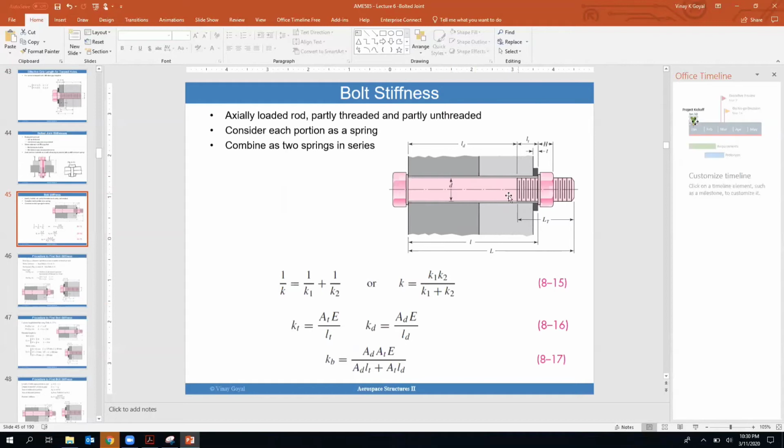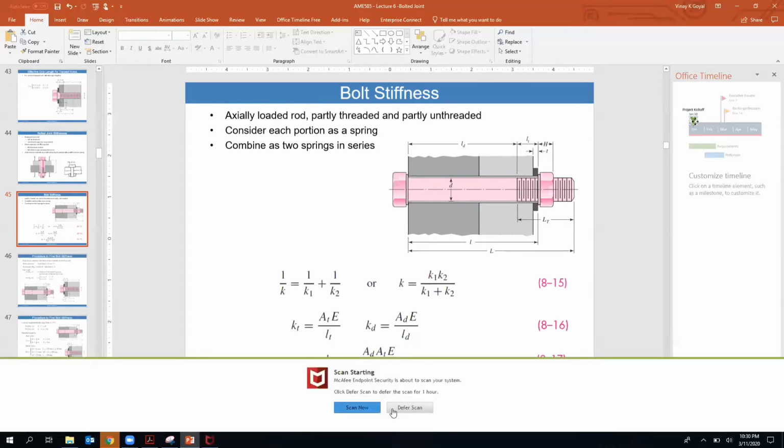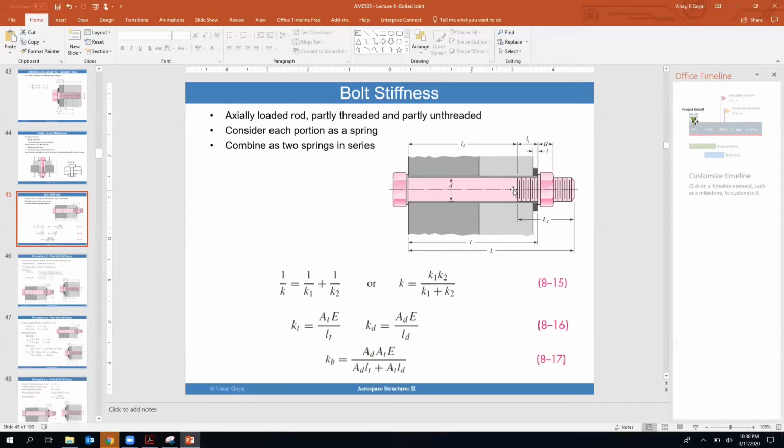If you do that, the effective spring stiffness of this bolt is going to be K1 K2 divided by K1 plus K2, where K is basically EA over L. E is the Young's modulus, A is the tensile area, divided by LT, which is the grip length, and then you have the unthreaded portion, which is the length that doesn't have any threads, and that's AD times E divided by LD, and I can calculate the bolt effective stiffness from that.